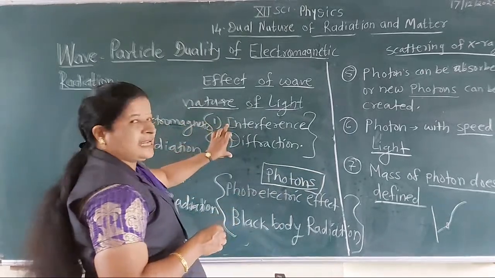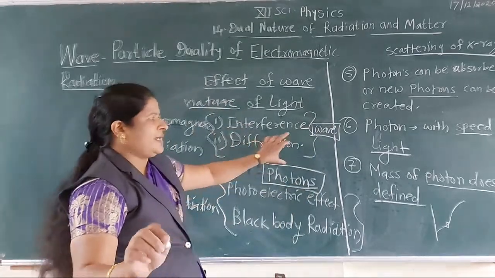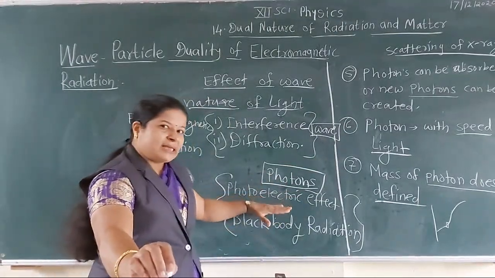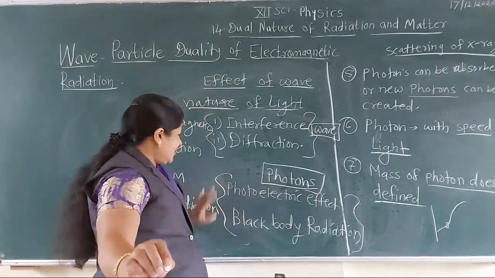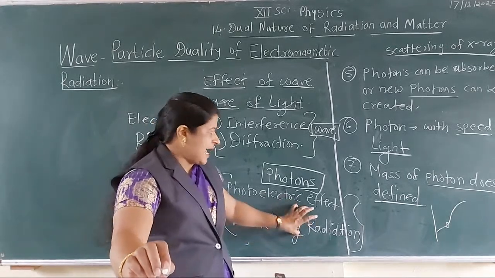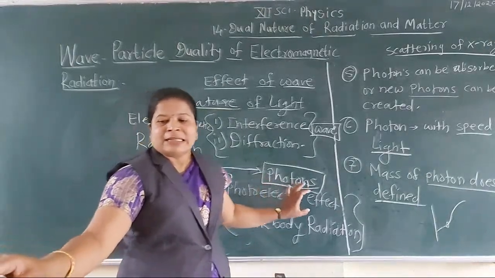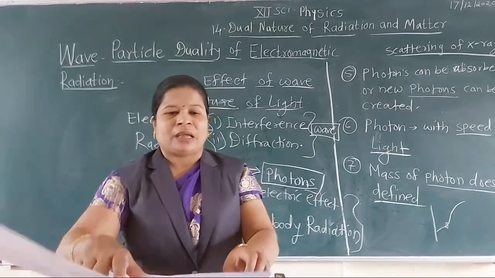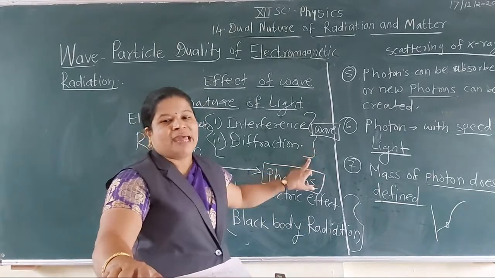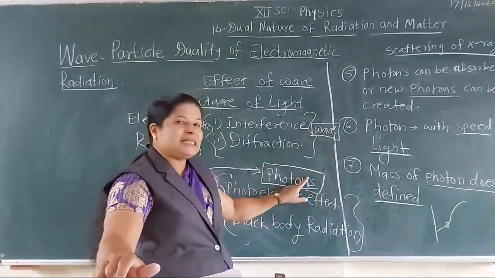These two experiments, interference and diffraction, show that light has a wave. Electromagnetic radiation is observed in the form of wave. Similarly, some experiments on electromagnetic radiation, like the photoelectric effect and black body radiation, show us that electromagnetic radiation is in the form of photons. That means they have definite quantum energy. This phenomenon shows that electromagnetic radiation has both wave and particle nature.